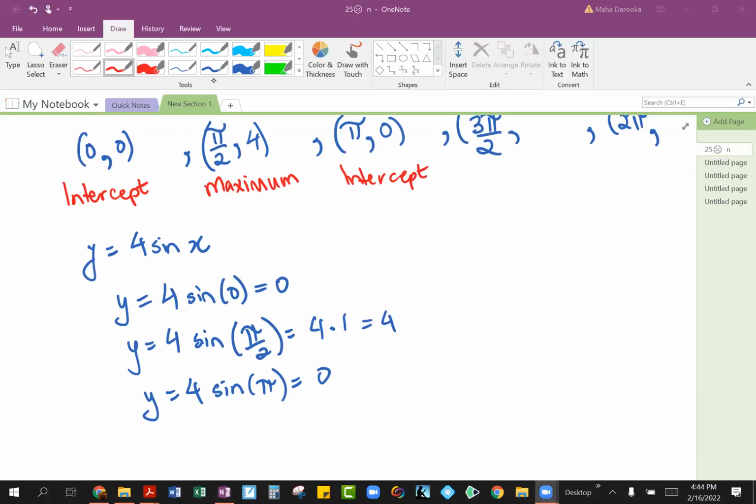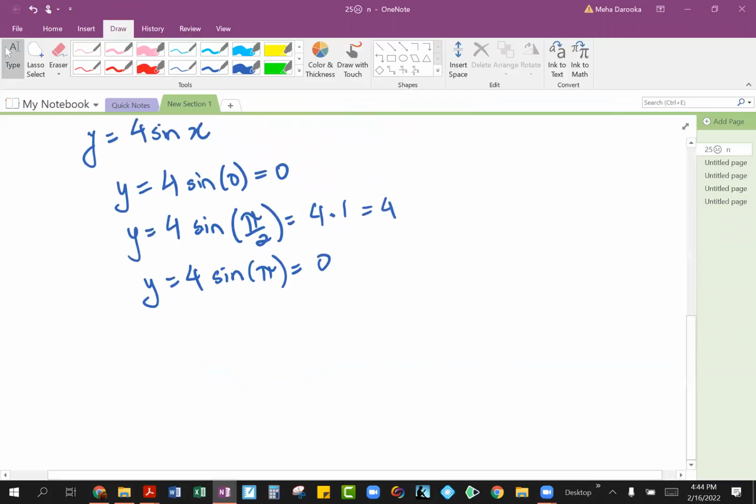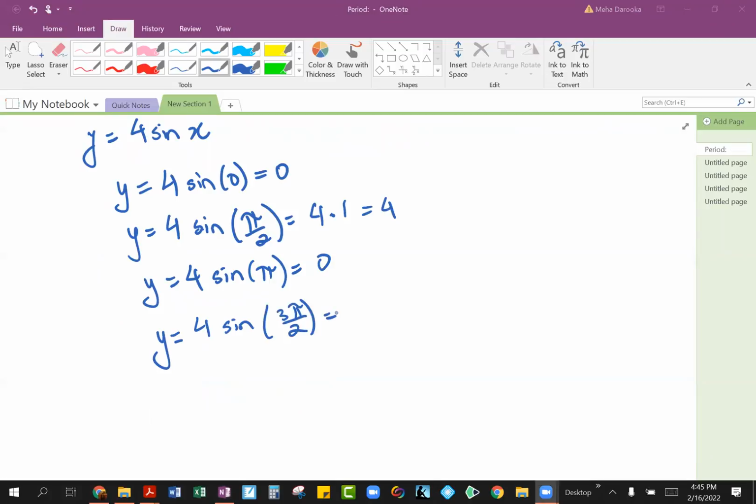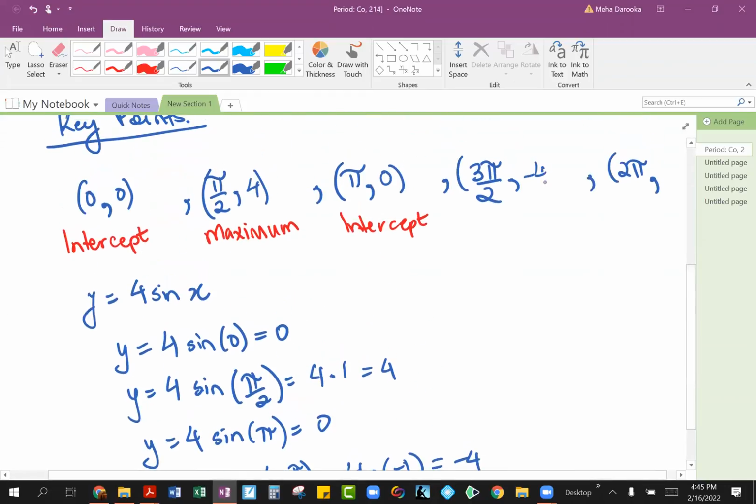And then what will we have for 3 pi halves here? Okay, Melanie, no problem. Okay, so for 3 pi halves, what do we got? Very nice, guys. Yeah, because this is where you will be doing 4 times -1, because sine of 3 pi halves is -1. And that will make this 4 times -1, which will be -4.